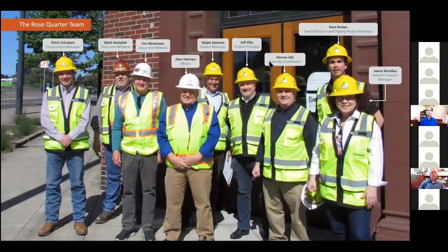Our Kiewit management team, seen here on the screen, has managed more than 10 similar projects across the country, each with a value exceeding $600 million. We've brought prosperity to communities in Seattle, in Denver, Salt Lake City, LA, and the list goes on. What's more, my team has all worked together before, which is such an advantage. These relationships enable us to work more cohesively together to accomplish goals benefiting the communities we serve.